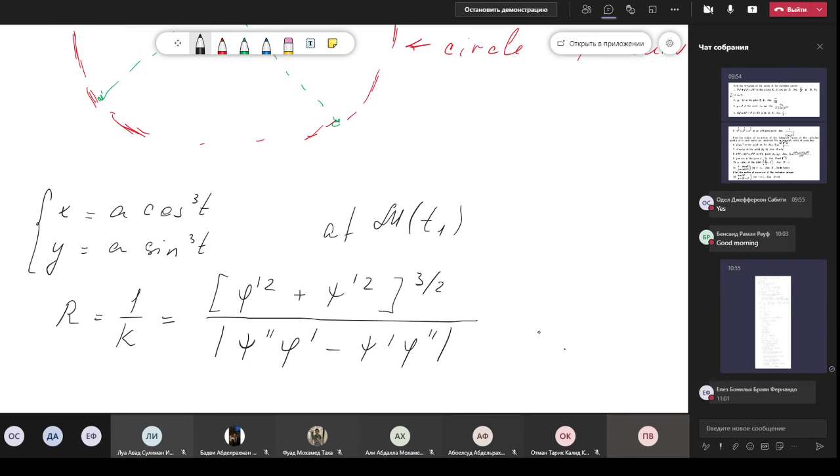Good. It is the formula. In our case, this is phi, this is psi of t. Calculate.